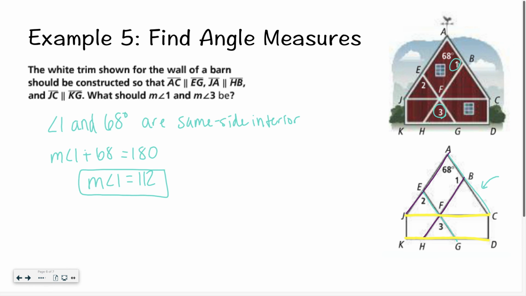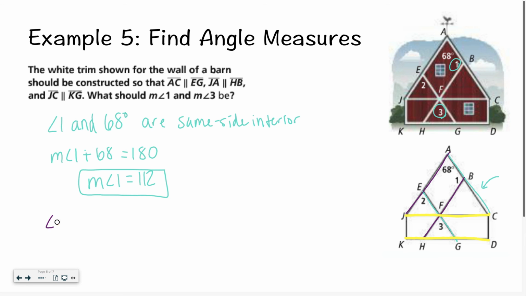Now let's look at angle 3. Angle 3 isn't really related by any information that we know, right? But I can see that angle 1 isn't related to angle 3, and angle 3 isn't related to angle 1. They don't have any of those relationships. But angle 2 and angle 3 are corresponding.